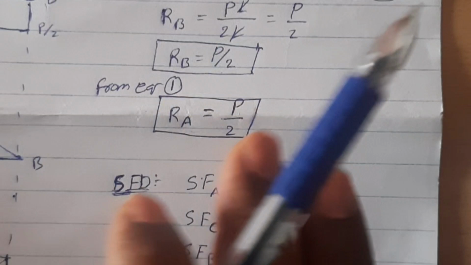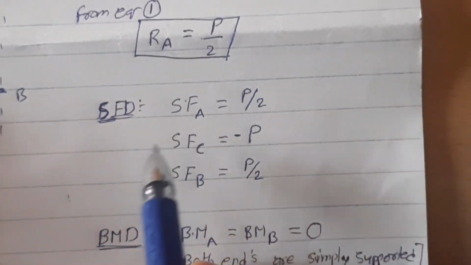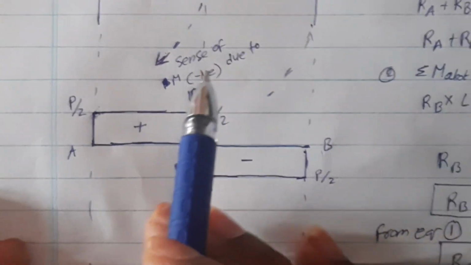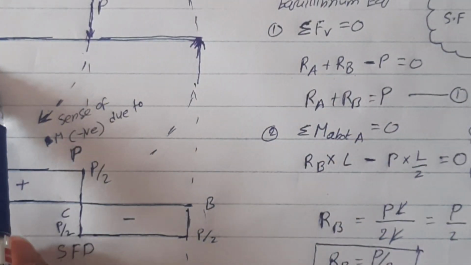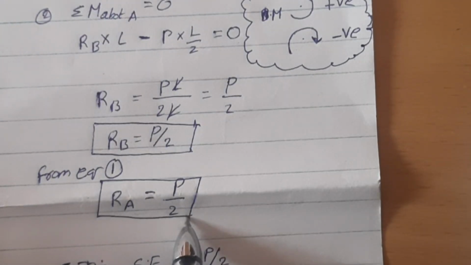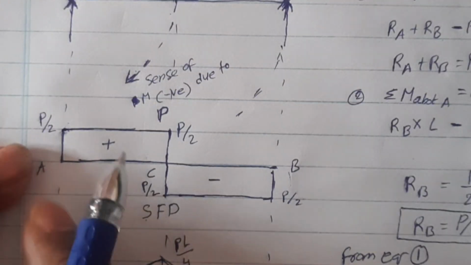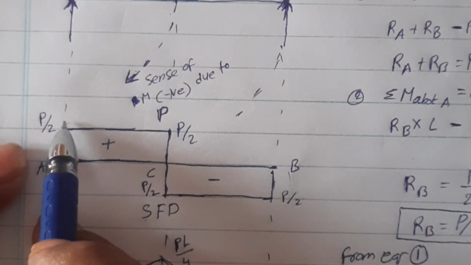Okay, now how to find the shear force? Here we can see how to draw the shear force diagram. First, at point A, what is the load acting at point A? At point A, the reaction is acting on the beam. The reaction RA value is P by 2, so we draw P by 2 as positive.